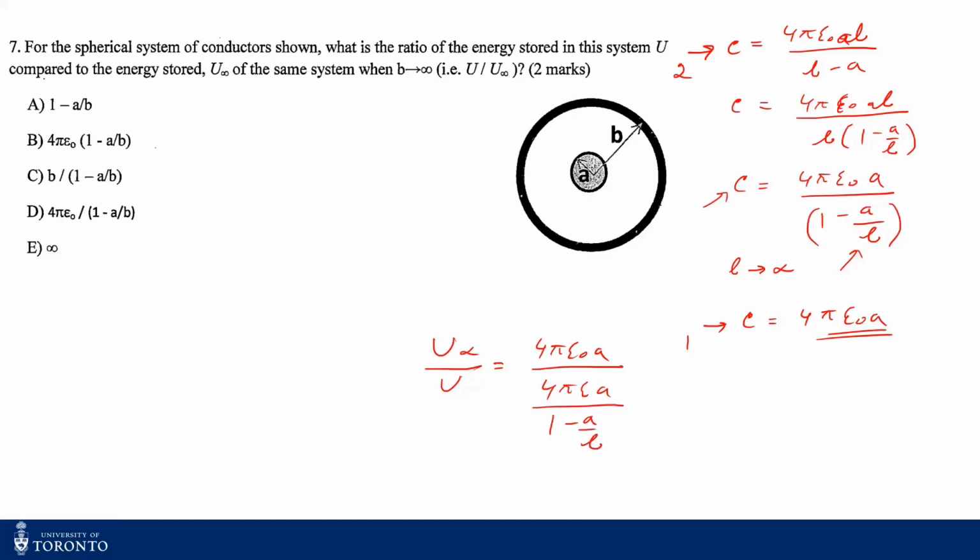So you see, I end up getting the ratio 1 minus a by b. So for this system, the ratio of the energies would be 1 minus a by b. Therefore my option number A is correct. Now they have asked you for U by U infinity, but it seems the ratio would be just the reciprocal of this one. So you can choose this option, because this can be just a typo.